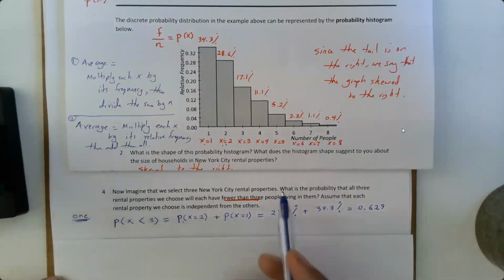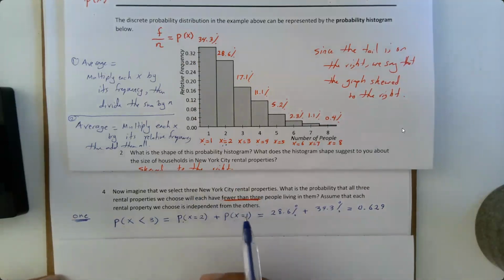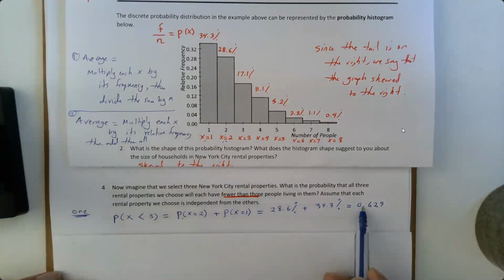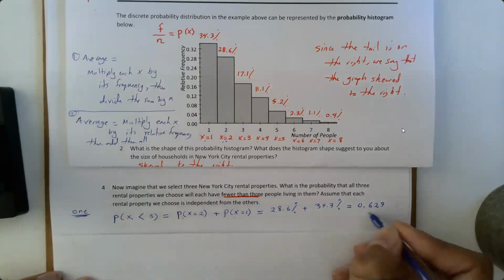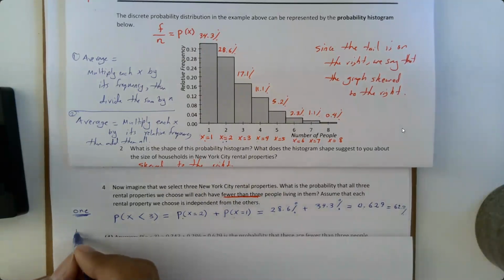Well, this is just for one of these properties. But the question says, hey, you are selecting 3 of them. It means that we need to multiply these probabilities together. So this is 62.9% for 3 properties.